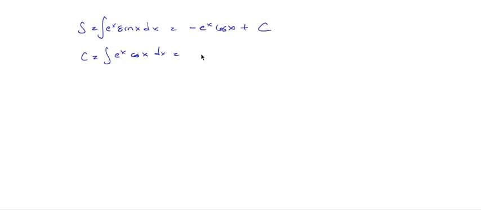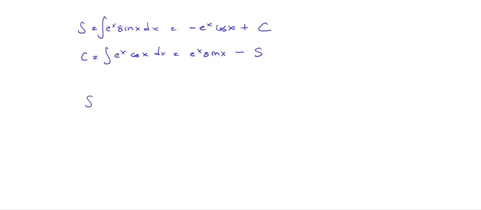And then here we have the primitive of this cosine is the sine, and then we have minus the integral, or the primitive of this, right? But this is what we call s, right? So we have a system of linear equations, right, with two variables. So let's see.